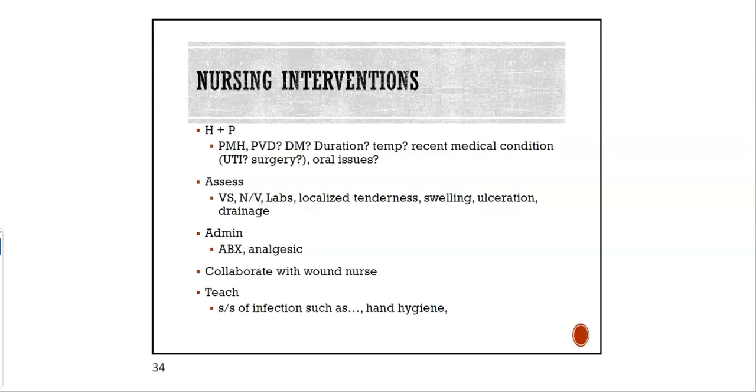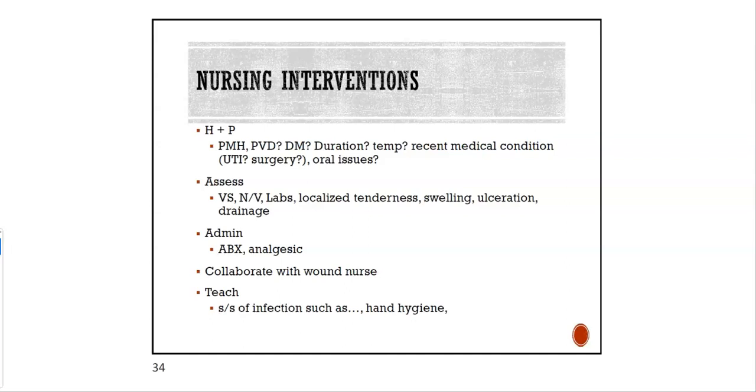So basically, you're assessing for signs and symptoms of infection, either systemic or local, right? Because as I mentioned earlier, osteomyelitis symptoms are very similar to your sepsis symptoms, with the exception that with osteomyelitis, you have some more localized symptoms pertaining to the affected extremity or part of the body.